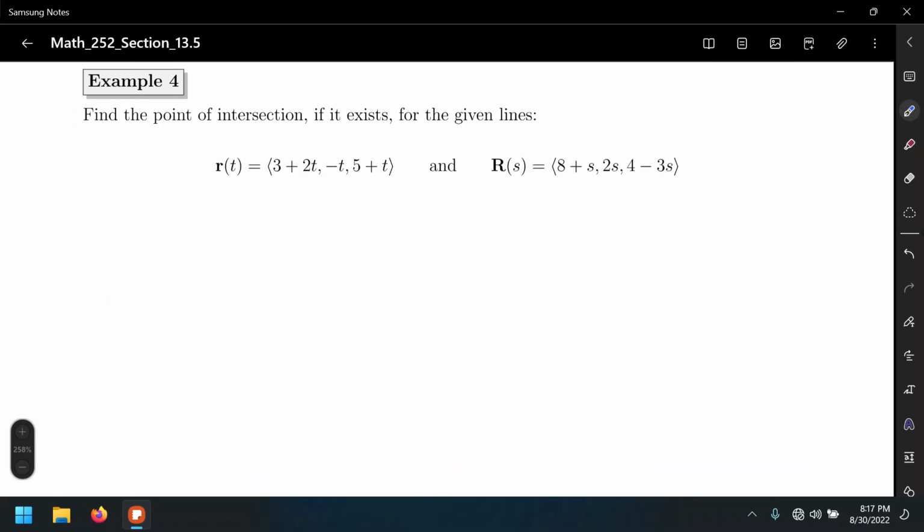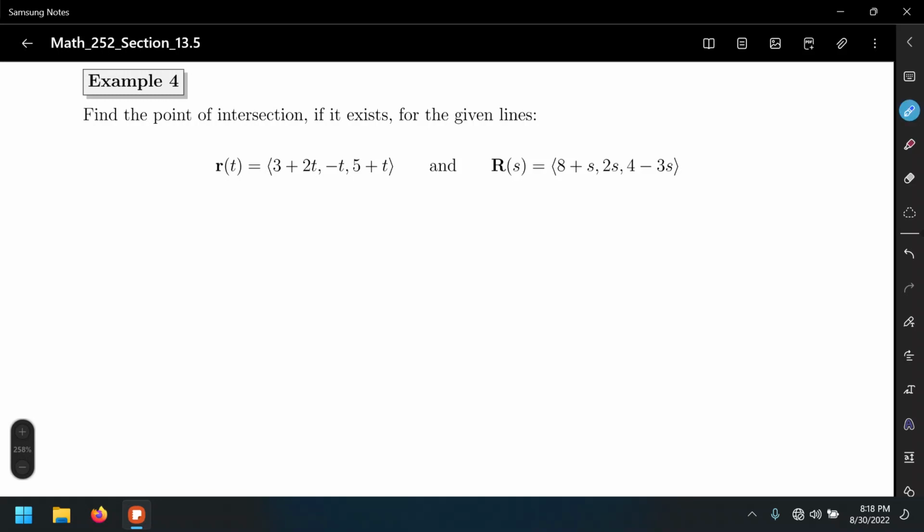We're given two lines, one defined in terms of t and the other one defined in terms of s. In the case of the Cartesian functions in two dimensions, we only had one variable and we put together the two equations. That was it.